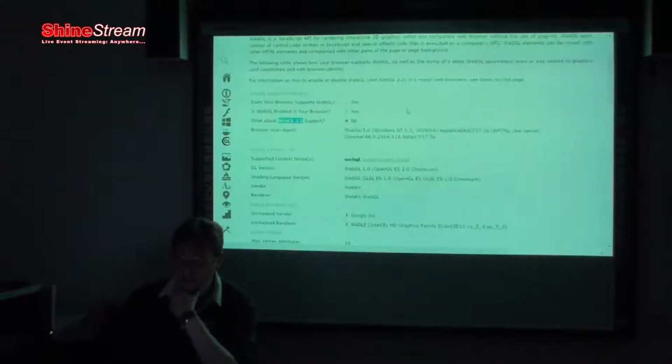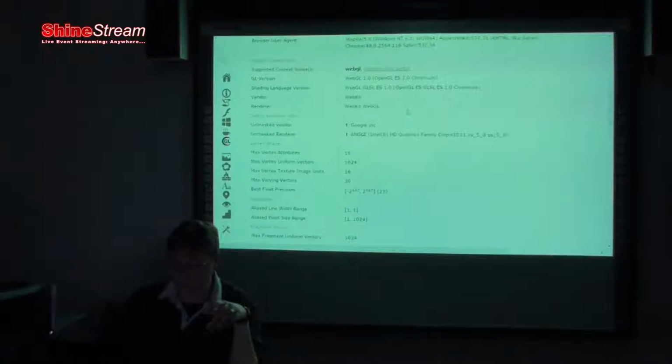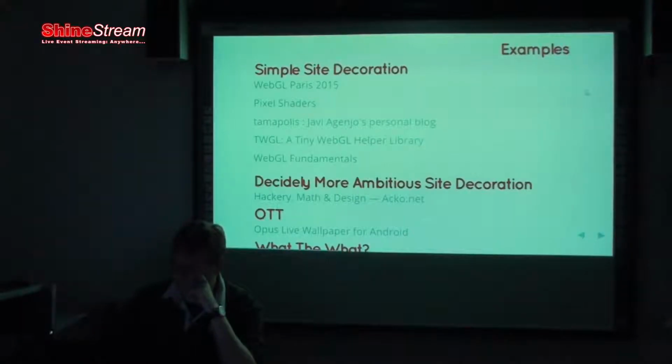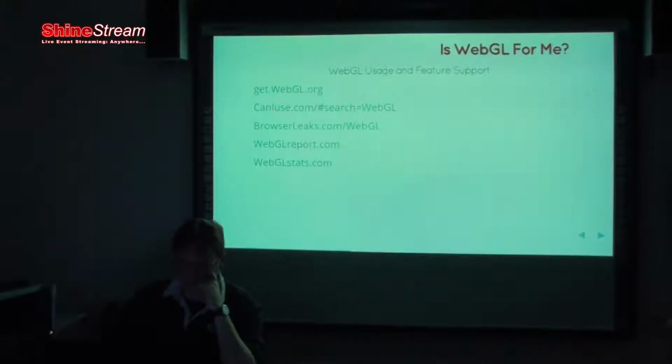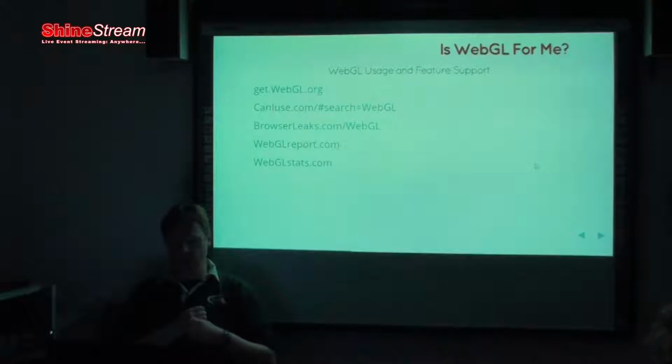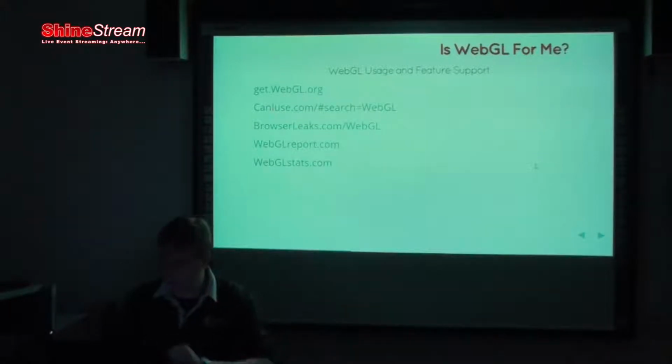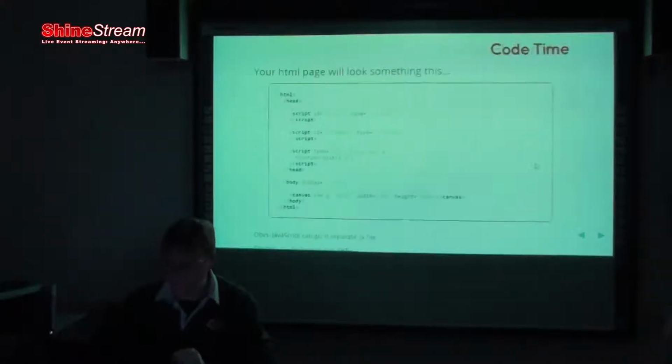I think there are switches you can set in some builds, possibly Mozilla Firefox, that allow you to use it, but I'm not going to go into it just at the moment. Then you have things like the maximum number of vertex attributes and so on and so forth. There's a whole bunch there you can actually go to. WebGL Stats records the actual number of machines using WebGL that go to a particular site, general use. Right, moving on.